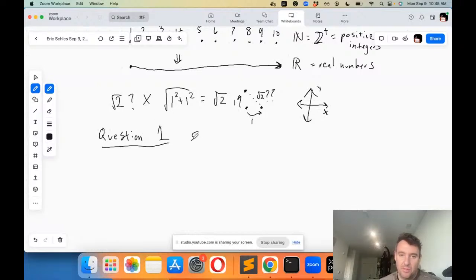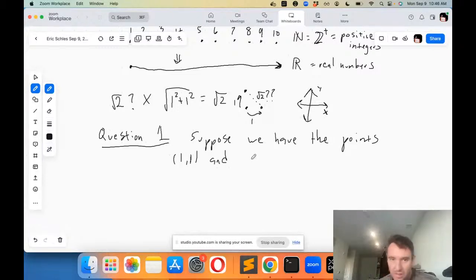Suppose we have the points (1, 1) and (4, 5).